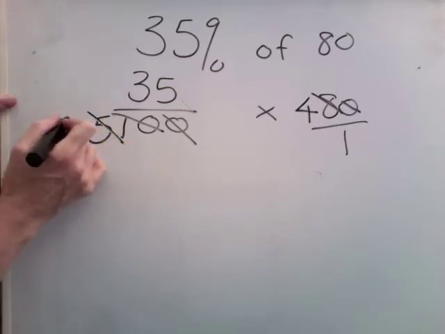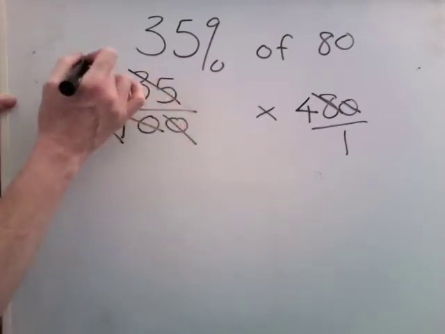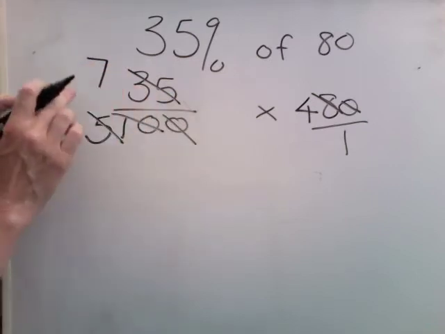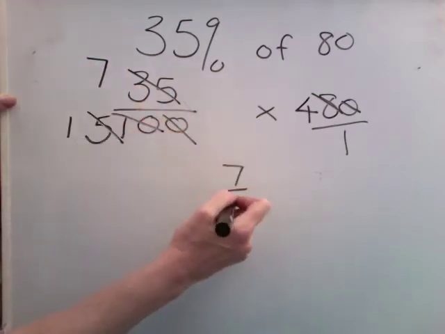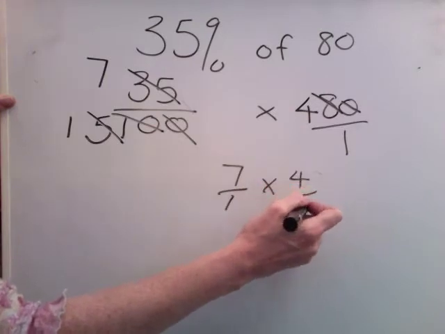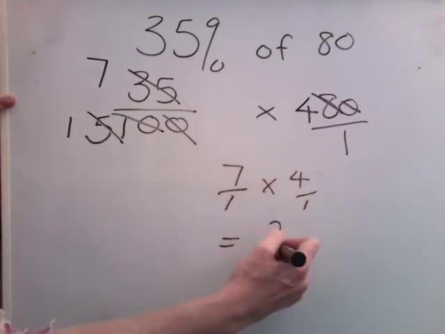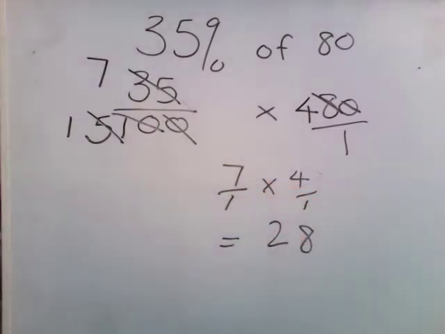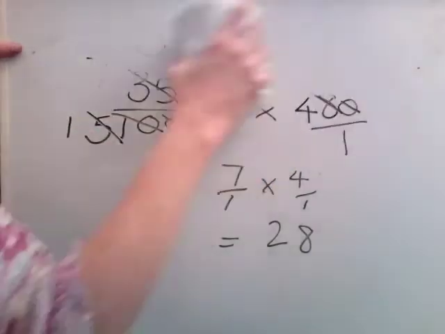I can divide that by 5 and that by 5. And I'm left with 7 over 1 times 4 over 1, which is 7 times 4, 28. Using cross-cancelling and simplifying, I really make my numbers easy to deal with before I try and calculate.